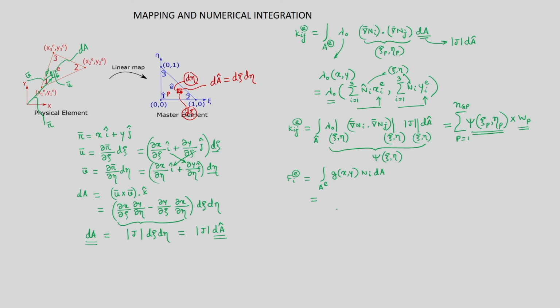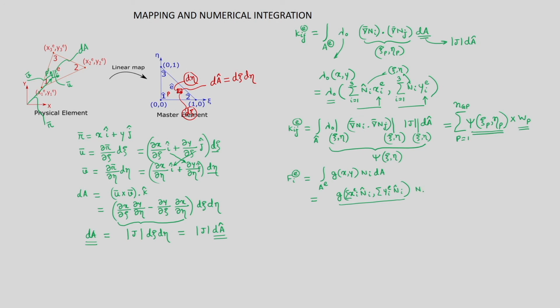Again we will use the same map. We will evaluate x at certain points by using the sum of xi e Ni hat, and then y we will write as yi e Ni hat. This helps us to evaluate the function g at different points in the master element, because Ni hats are functions of xi and eta.